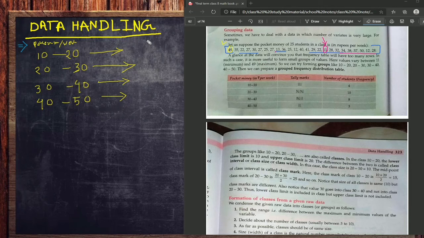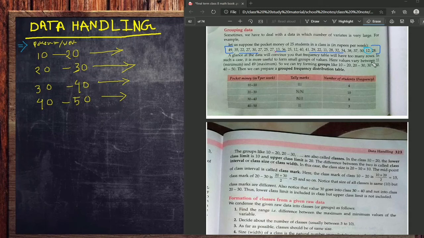In this case, we have to check firstly how many numbers are present between 10 to 20. So let me check it very quickly over here. Let me do it with another color. It will be better for me and also for you all.